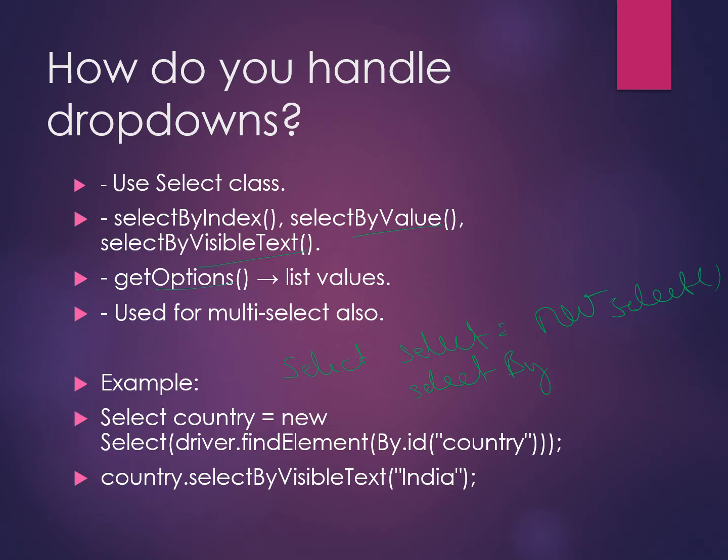Whenever you implement dropdown handling and type select dot, you will see a lot of functions. This is the object of the class Select, containing the select element, and then for country, select by visible text India, select by index 1 2 3, select by value, select by visible text, in that way.